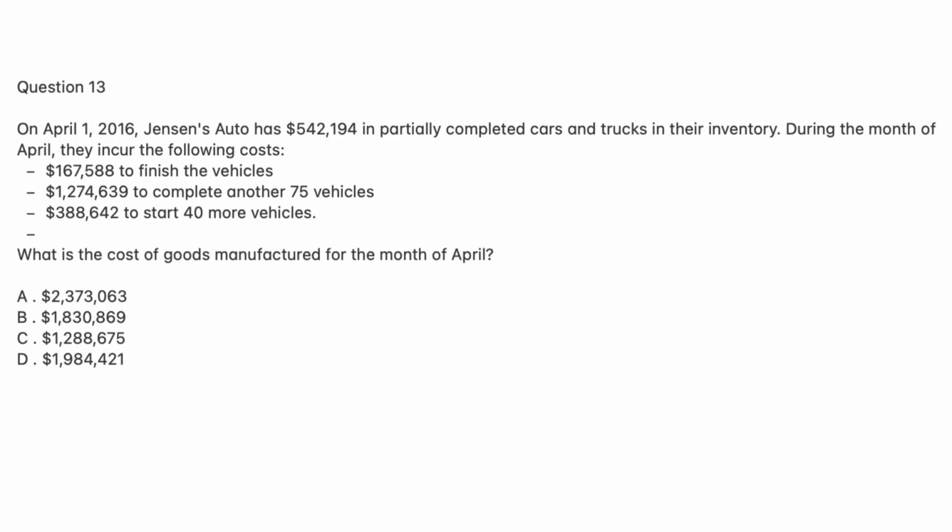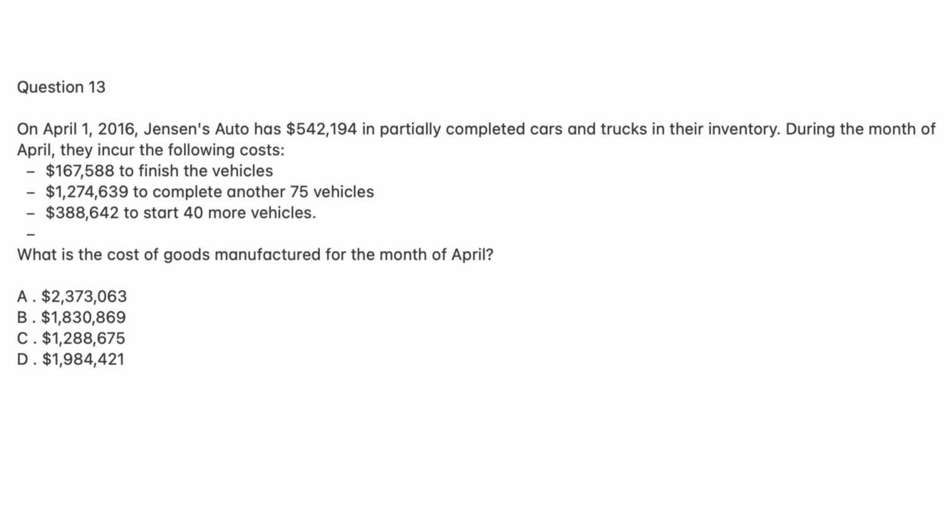Question 13. On April 1, 2016, Jensen's Auto has $542,194 in partially completed cars and trucks in their inventory. During the month of April, they incur the following costs. $167,588 to finish the vehicles. $1,274,639 to complete another 75 vehicles. $388,642 to start 40 more vehicles.